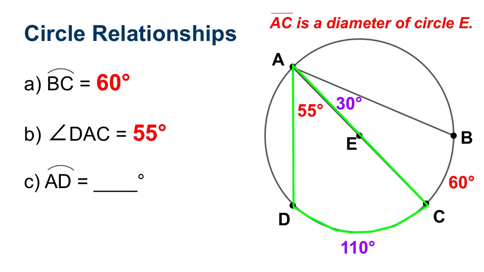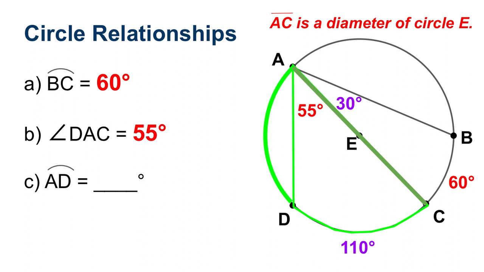Now let's see if we can figure out how big arc AD is. That means we're going to try and do this green piece over here. So we're trying to figure out this arc from A to D. Notice that I said that AC is a diameter of the circle, so this dark green line is a diameter of the circle. One of the key ideas for circles is that all the way around is 360.